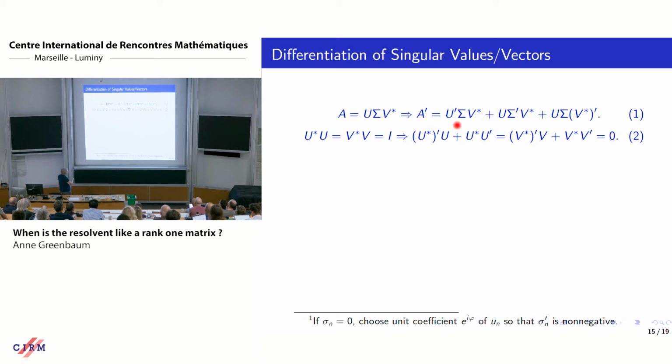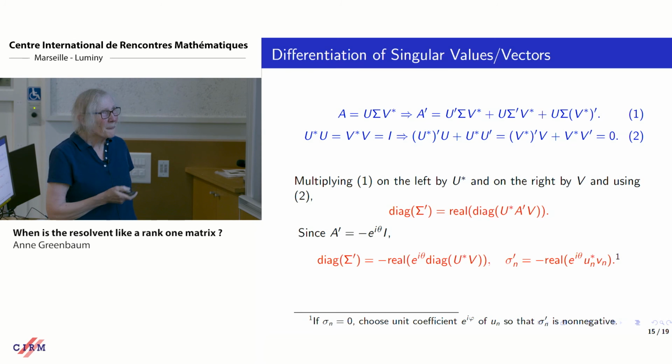So this is just the conjugate, the Hermitian transpose of this. So what this says is that U star U prime and V star V prime are skew symmetric, skew Hermitian. So if we take this first equation, multiply on the left by U star and on the right by V, we get an equation for sigma prime.